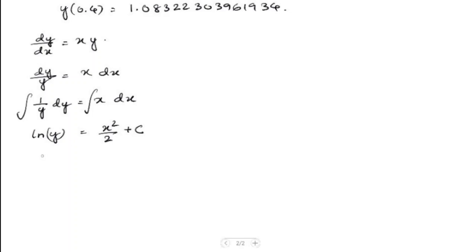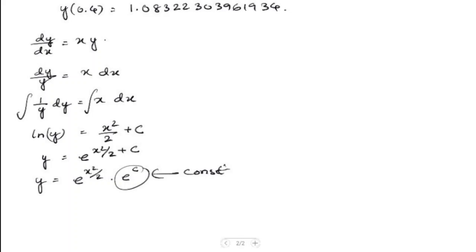Now if you take ln to the other side, you will have y is equal to e to the power x squared divided by 2 plus c, which can be written as e to the power x squared divided by 2 times e to the power c. So c is a constant and e is also a constant, and a constant raised to the power of a constant will also be a constant, right? So we can just call it c. So we'll say that y is equal to c times e to the power x squared divided by 2.